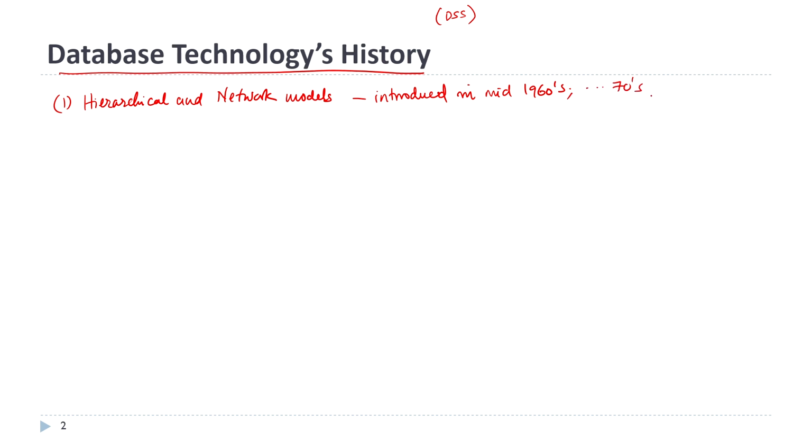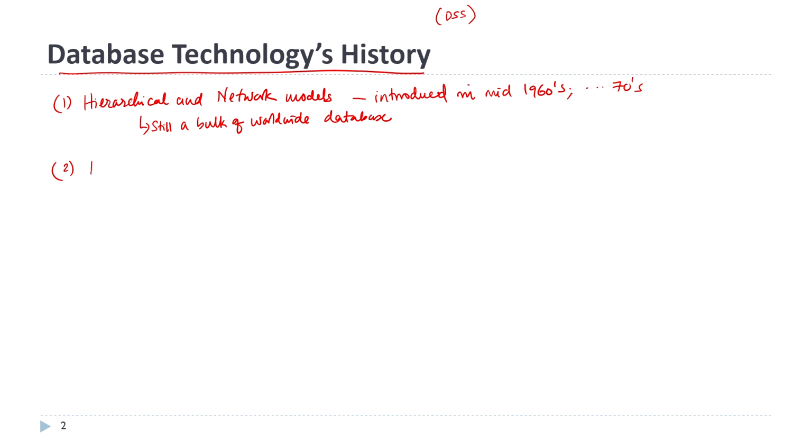This is mostly COBOL, DBase, etc. Still a bulk of worldwide databases occurs in this mode. A majority chunk is still part of this.